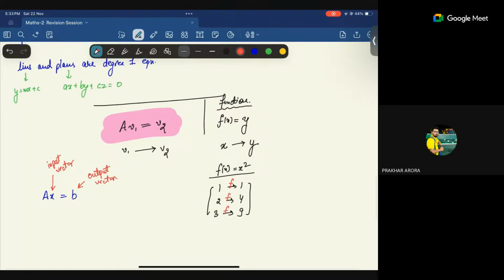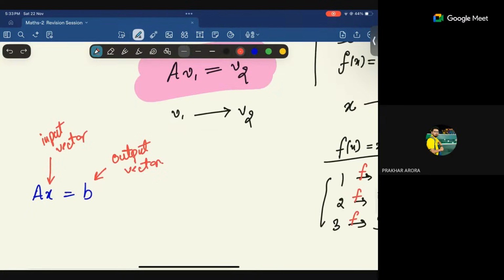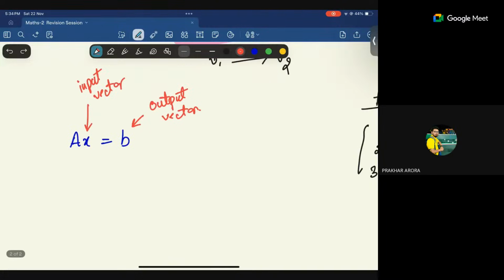Because this is how we studied functions, this is how we learned functions. This is the input and that is the output. This is what a linear transformation is. Now is there any confusion here?